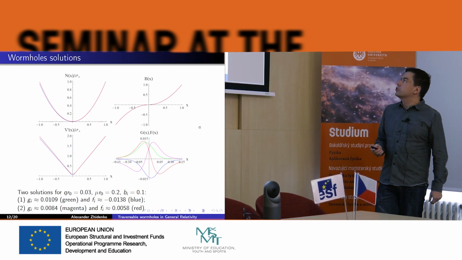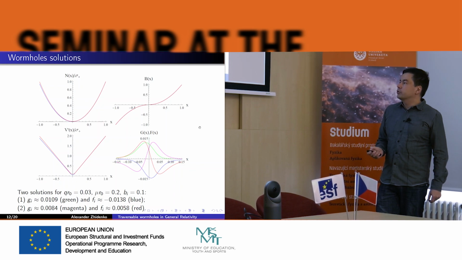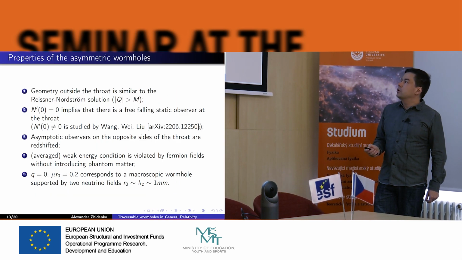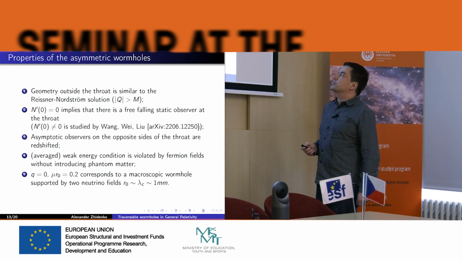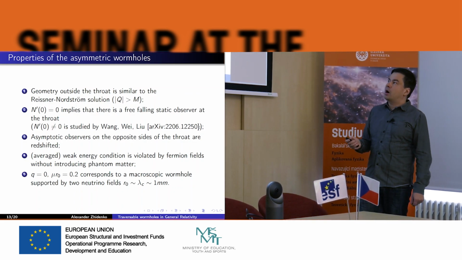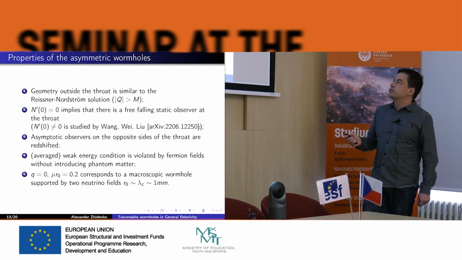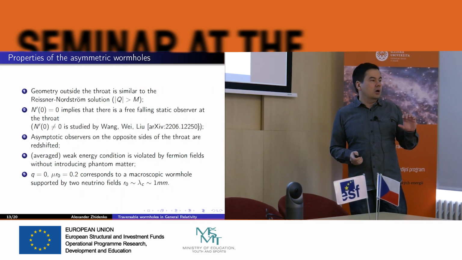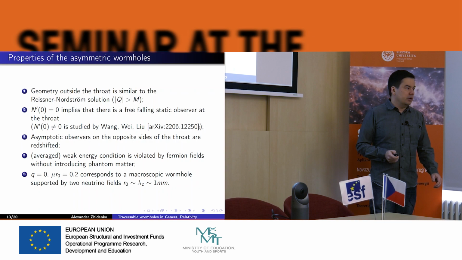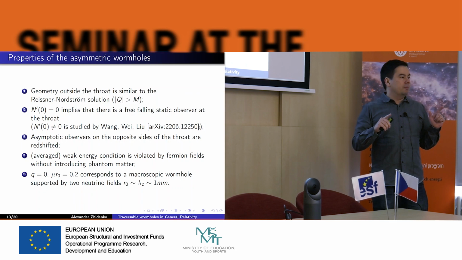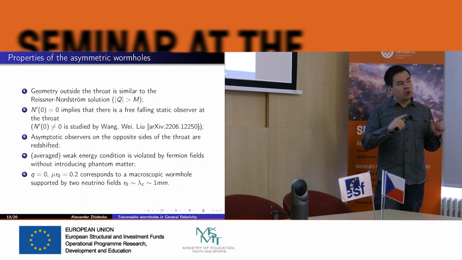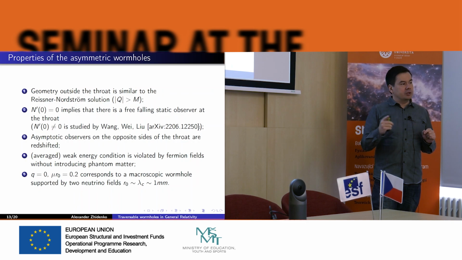It is a small redshift for the considered family, but if we consider some other additional condition at the throat, if we don't have this point of free-falling stationary observer at the throat, but at some other point, which was considered in this paper, then we can have even more symmetric wormholes, and particularly we can have asymmetric solutions without redshift, probably, between asymptotic observers.